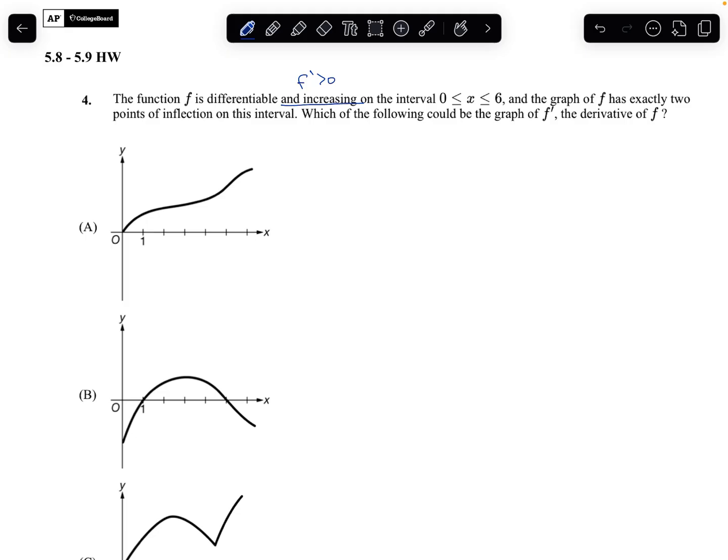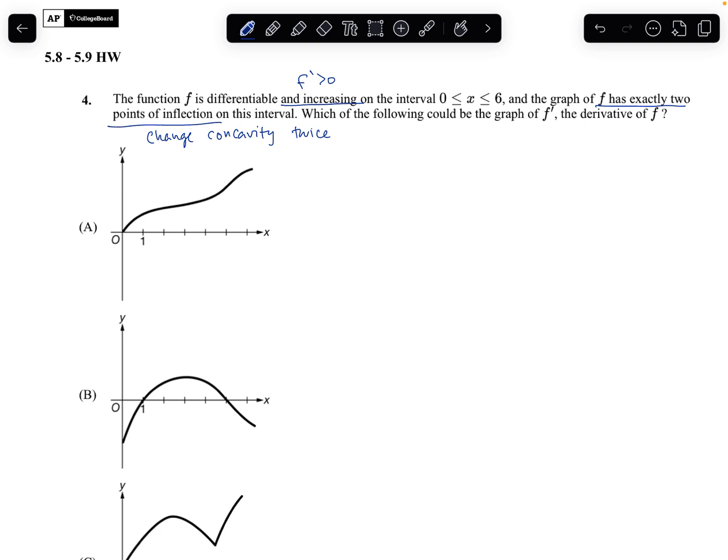I don't know if I need that. The graph of f has exactly 2 points of inflection. So that means that it's got to change concavity twice.